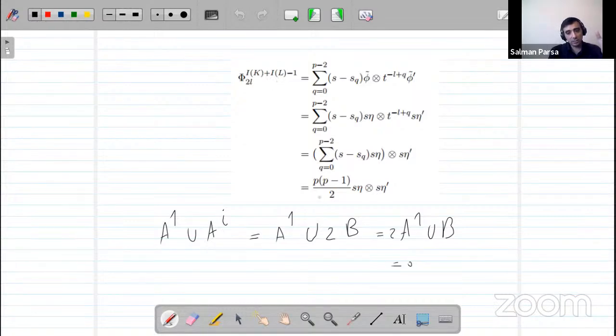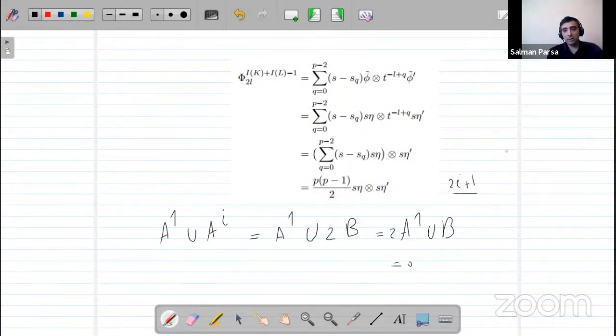It has only one single term. And this single term turns out to be something like this, which is S eta times S eta prime times some coefficient. But when you take the d of it, it is 0. And so this is the I to I plus first term of the resolution of the join.